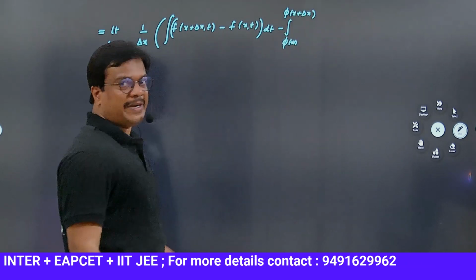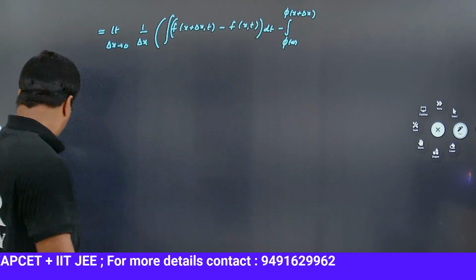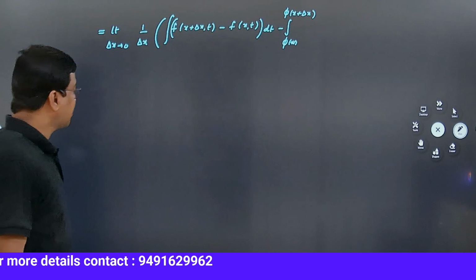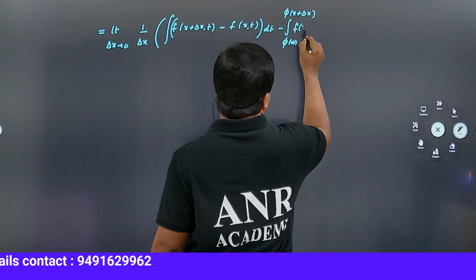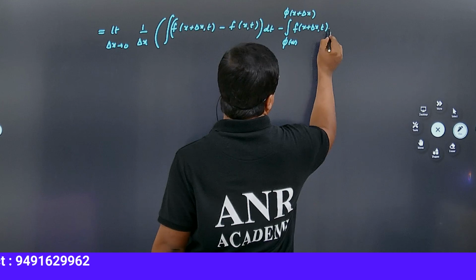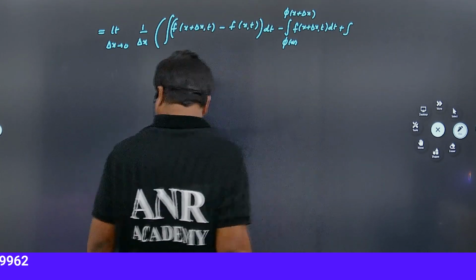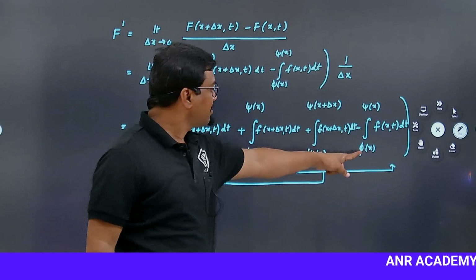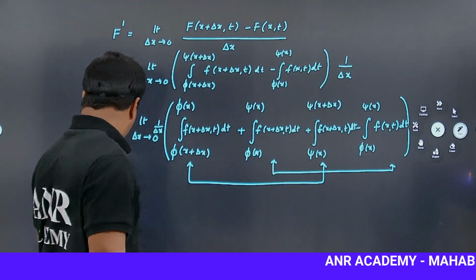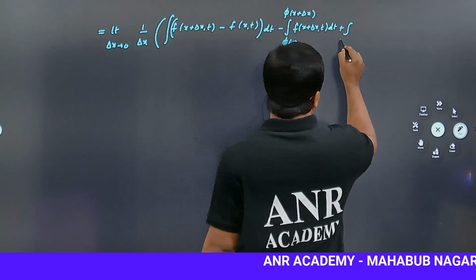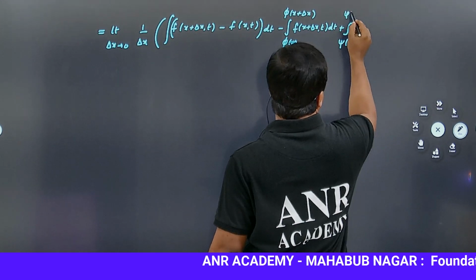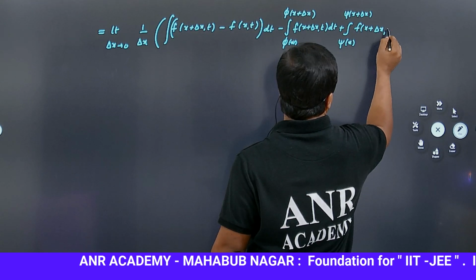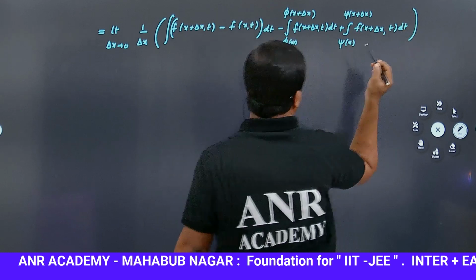Just the change in the limits gives a negative sign. Clear? And here the function f of x plus delta x comma t dt. And another term you have, this one, psi of x to psi of x plus delta x. This is psi of x to psi of x plus delta x, remaining f of x plus delta x comma t dt, bracket close.